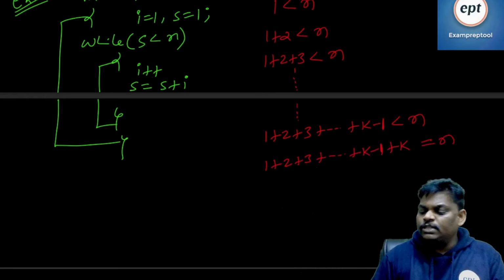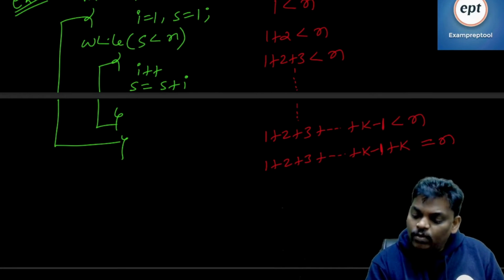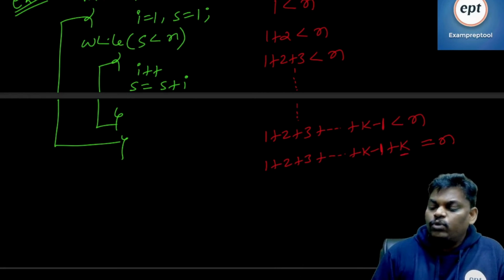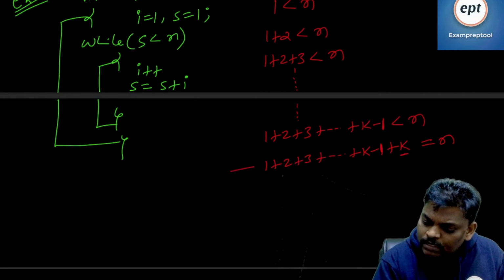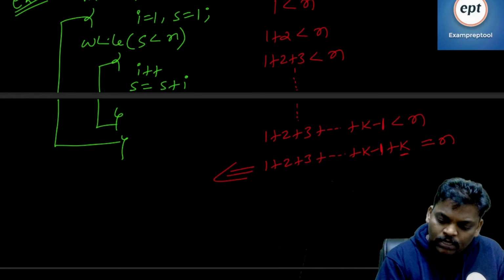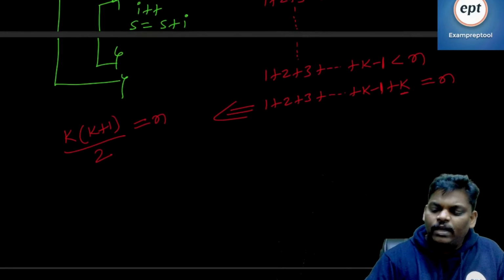Means after reaching k, they both are equal. S is increasing. After doing k times, 1 plus 2 plus 3 and so on, k is equal to n. So for which value of k these two will be equal, we have to find out. I think everyone knows this can be written as the sum of k natural numbers. What is the answer? K into k plus 1 by 2 is equal to n. For some k value both are equal.